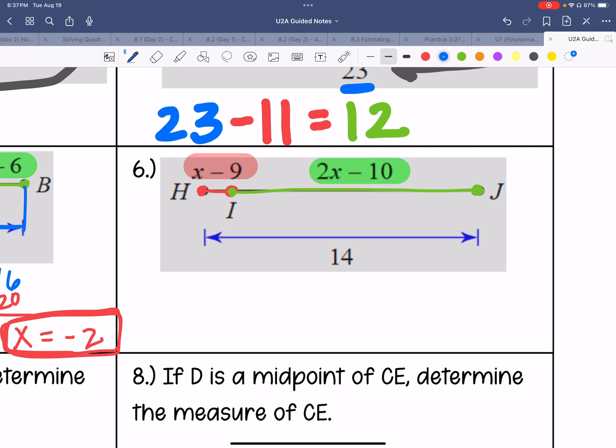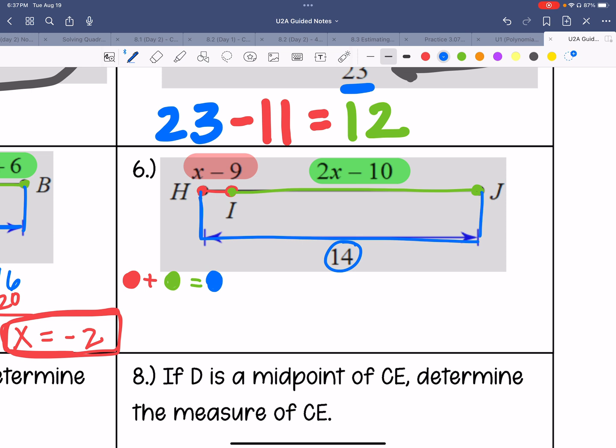And then for my entire segment, I am told from h all the way to j is going to be 14 units. So again, if we take each individual piece, if I take my red piece plus my green piece, if I take those two pieces of the segment and put them together, then I've now gotten my entire segment.